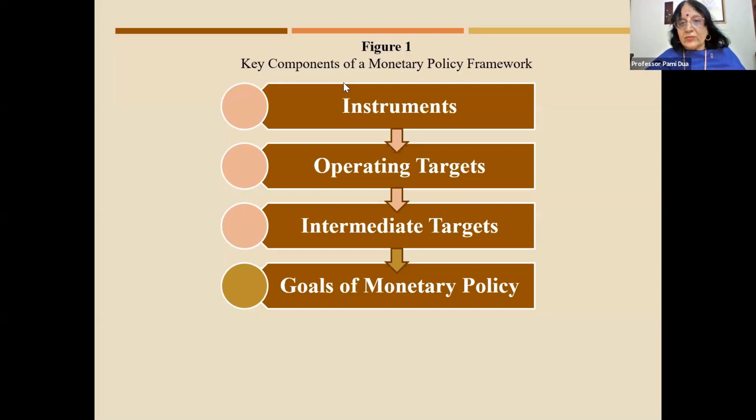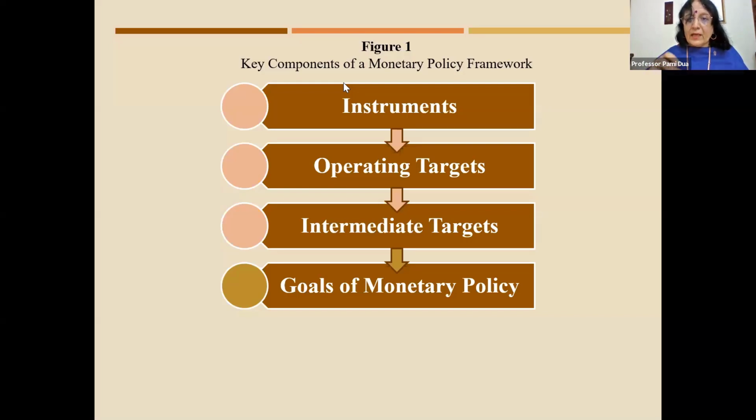What are instruments? Instruments are tools that are under the direct control of the central bank. The central bank can use these tools to influence operating targets. Instruments would be variables such as open market operations, policy rate. This the central bank has total control over.